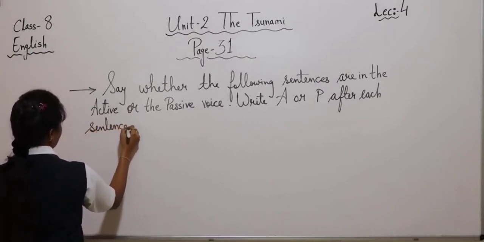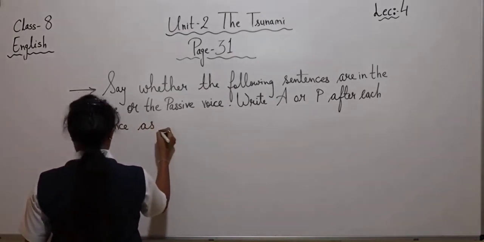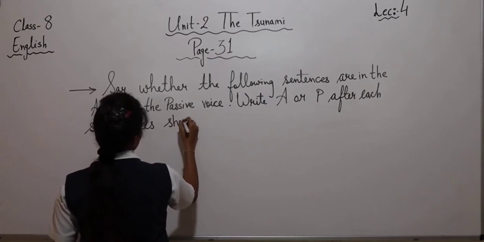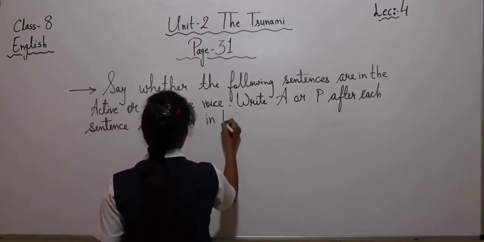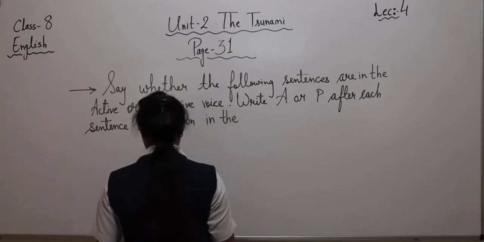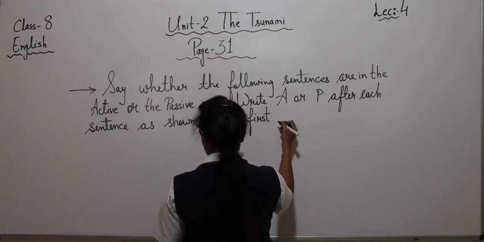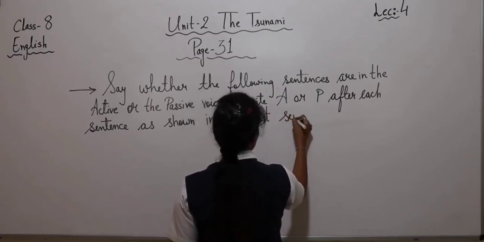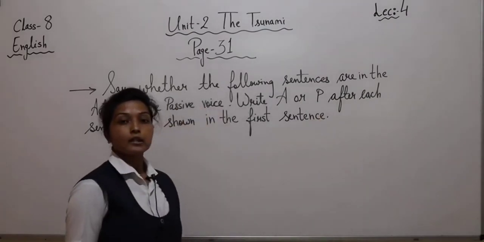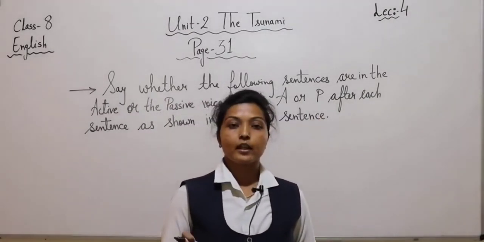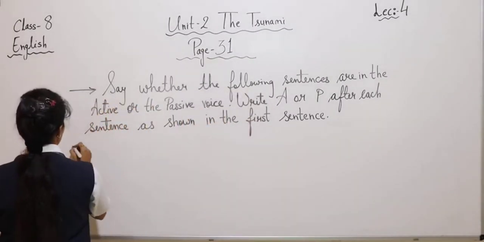After each sentence we have to identify whether it is active or passive, and accordingly write it down. In the first sentence, one sentence is given and A is written. It's A, that is the active voice.